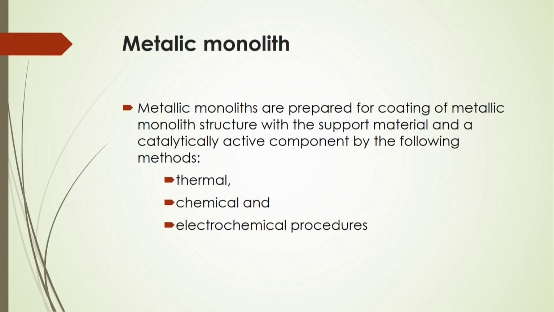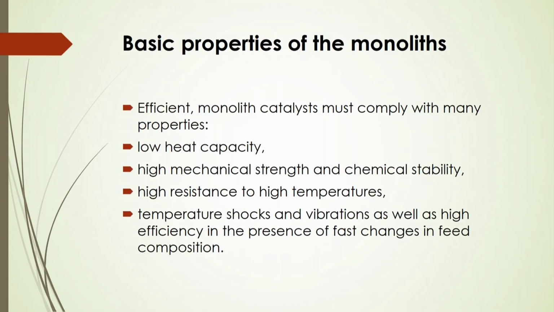So, this is the comparison of typical physical data of ceramic and metallic substrates for a 400 CPSI monolith catalyst structure. Metallic monoliths are prepared by coating the metallic monolith structure with support material and a catalytically active component by thermal, chemical and electrochemical procedures.